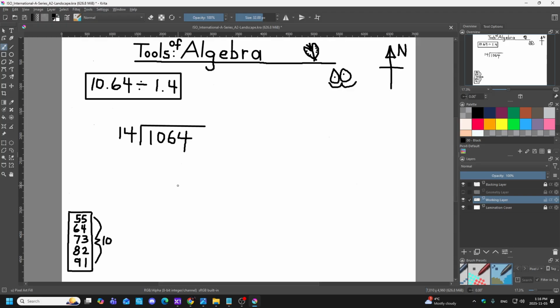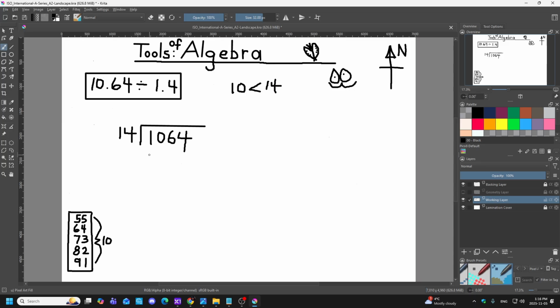Okay, so essentially, we want to be able to divide 14 or a multiple of 14 below 1064. Obviously, we don't want to go below the 1 because that doesn't work. We don't want to go below the 10 because 10 is also less than 14.